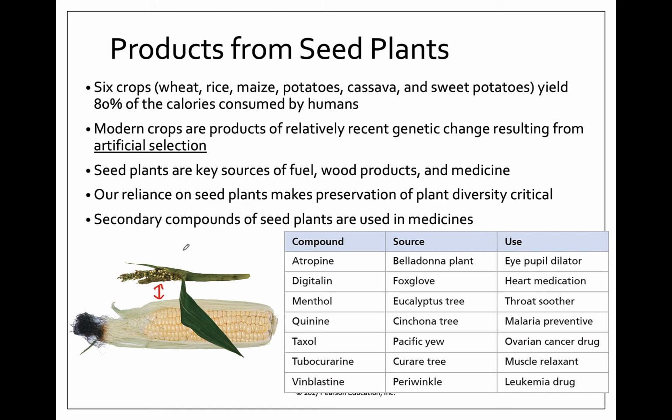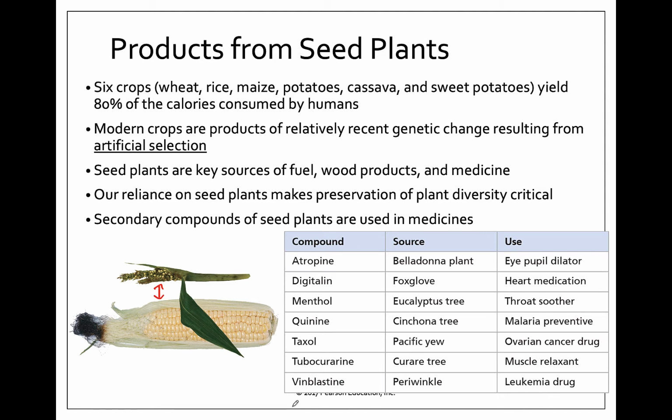Seed plants are huge sources of wood products. We use wood for fuel, paper (wood pulp we can turn into paper), and medicines, and we have a big reliance on plant diversity. You can see on this table just a few sources of plants that we've gotten medical compounds from.